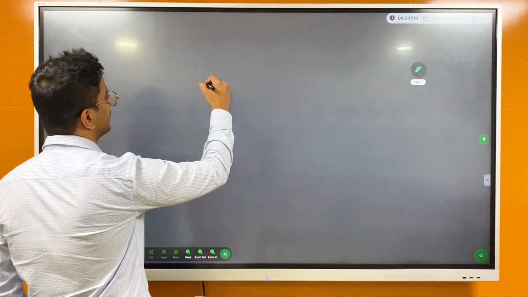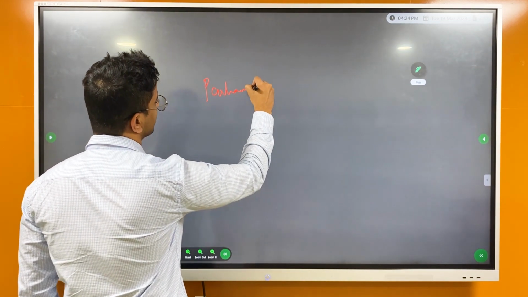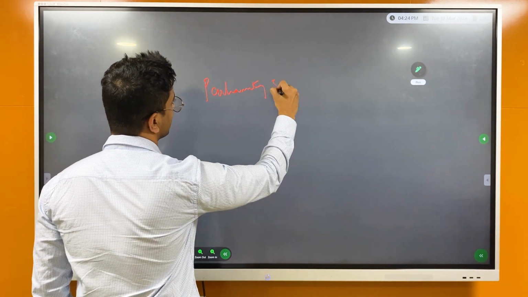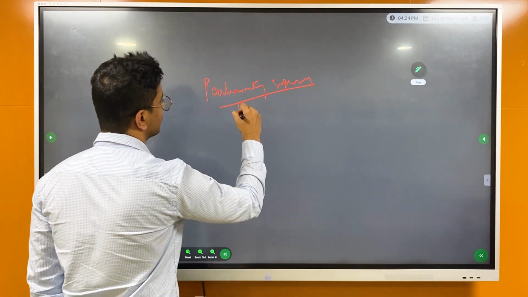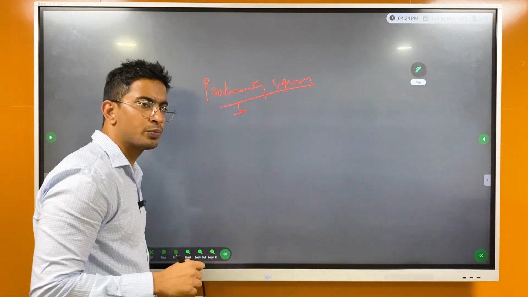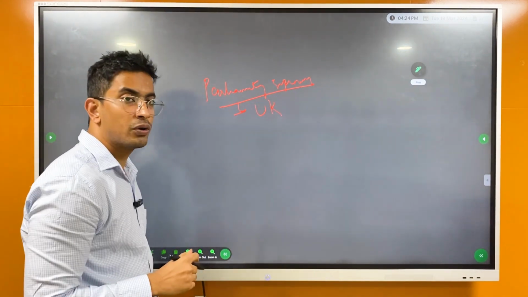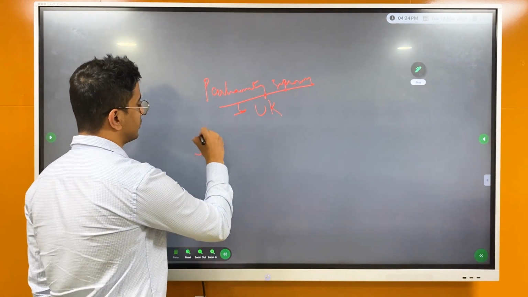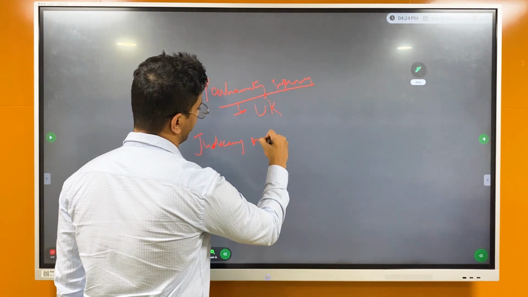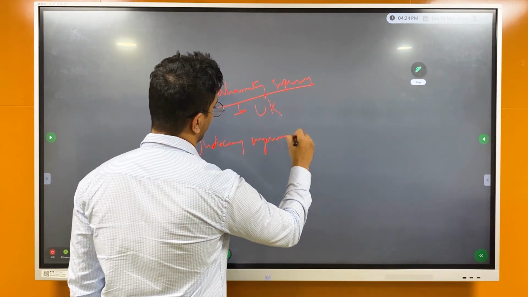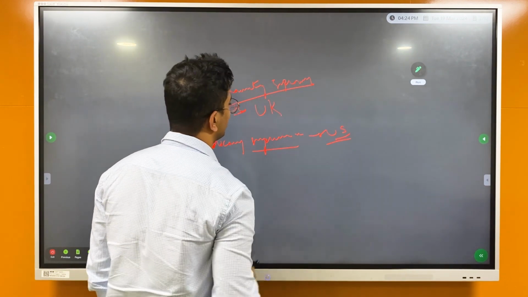We know that there's something called parliamentary supremacy. Here the parliament is supreme, and this is the case of UK. There's something called judiciary supremacy also. This we have seen with the case of USA.